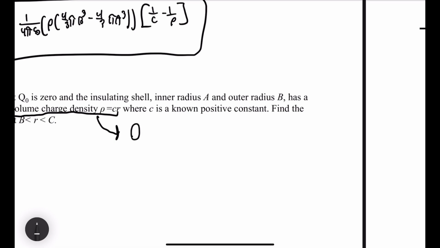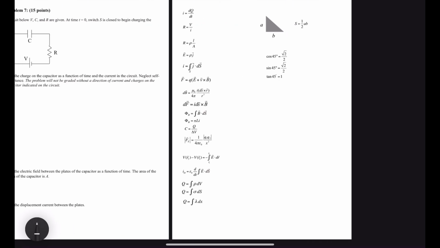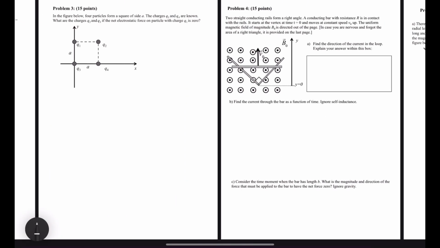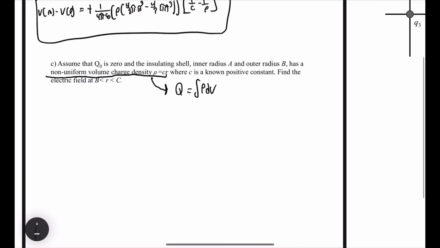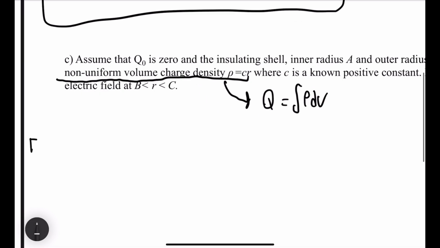And remember that Q is equal to the integral of rho dV. I think that's given on the formula sheet as well. Let me check. Yeah, it's right here in case you forgot, because it's been a long time. So Q is equal to the integral of rho dV. So we're going to have E 4 pi r squared between B and C, right?